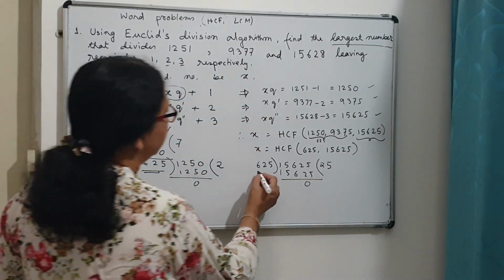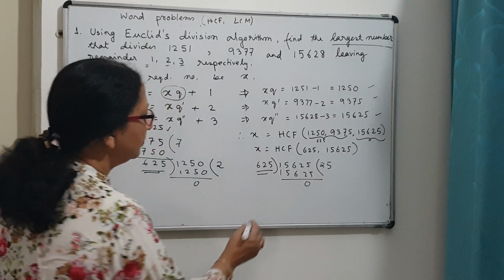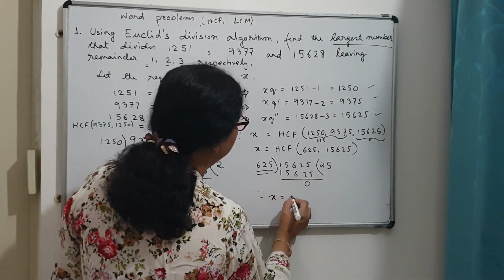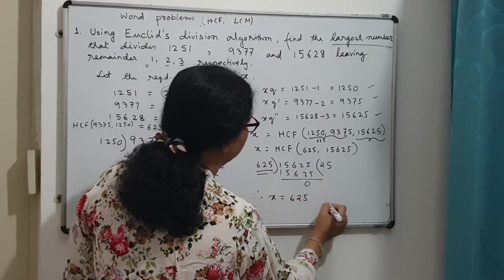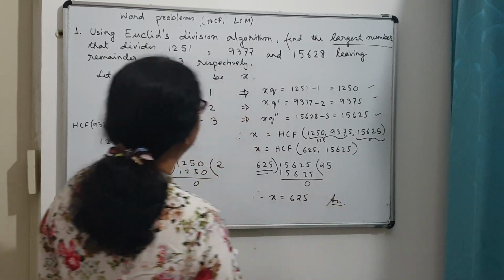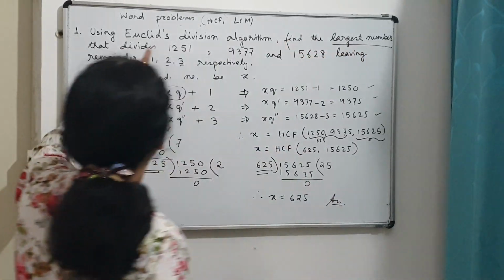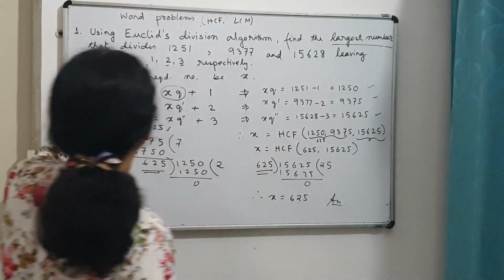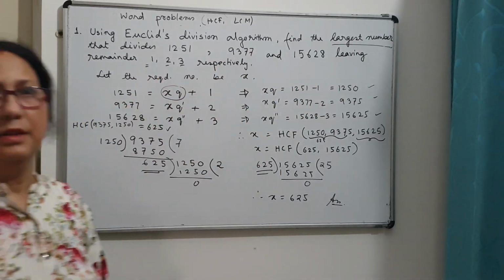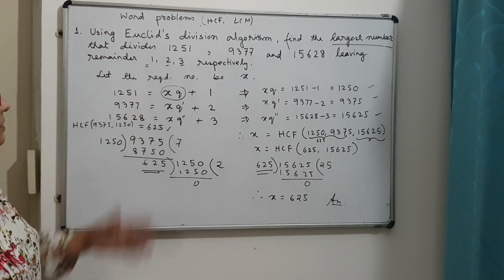So this is the HCF, and therefore x is equal to 625. So the answer is that 625 is the largest number which divides these, leaving remainders 1, 2, 3 respectively. In this way we solve this kind of question.